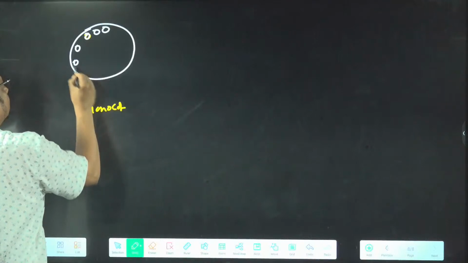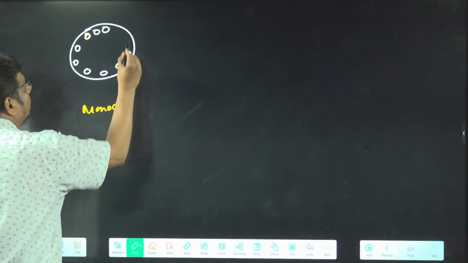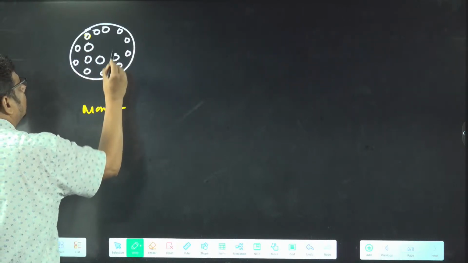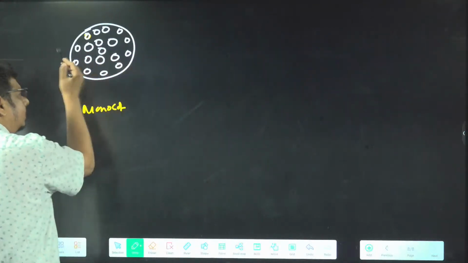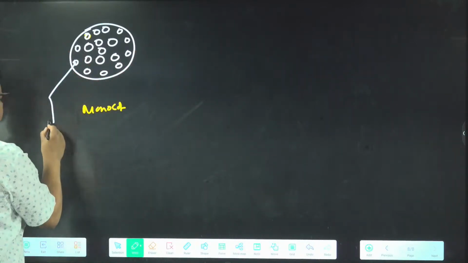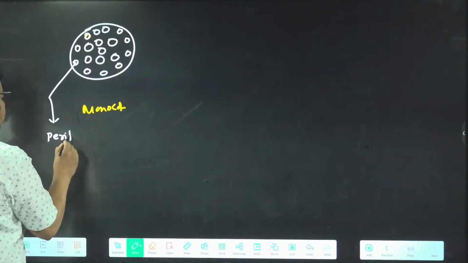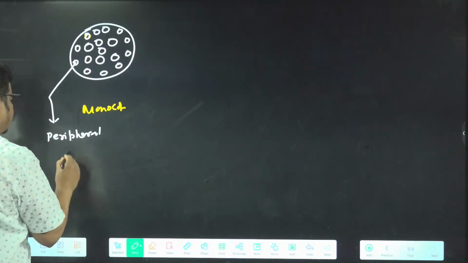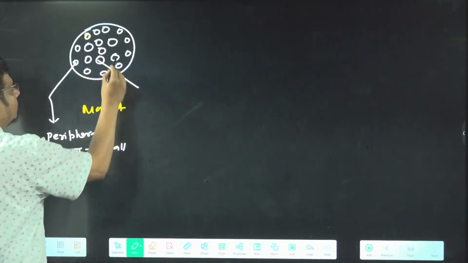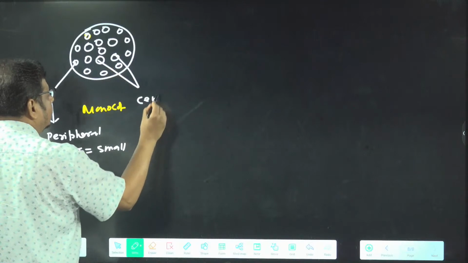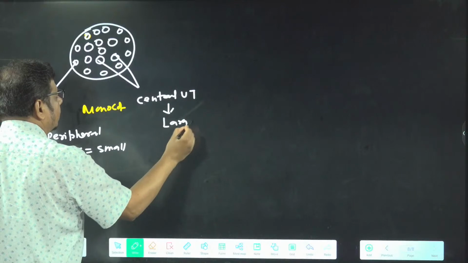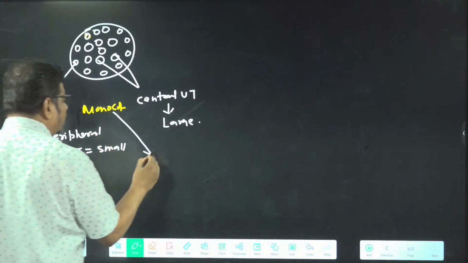You are finding vascular tissue scattered in the entire ground tissue. So here it is peripheral vascular tissue, which is small, and the vascular tissue towards the center, central vascular tissue, is large in size.